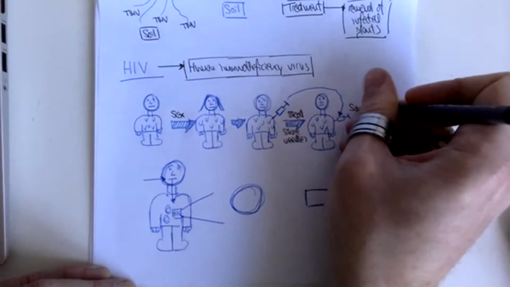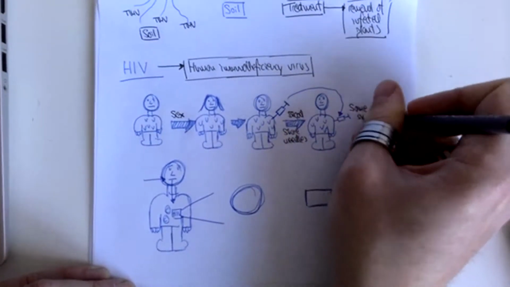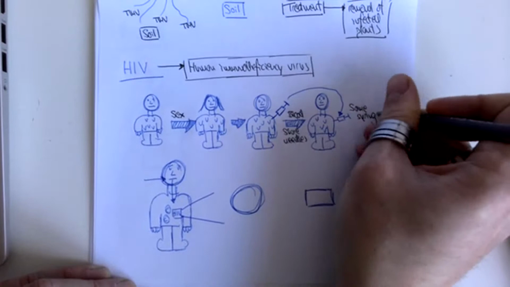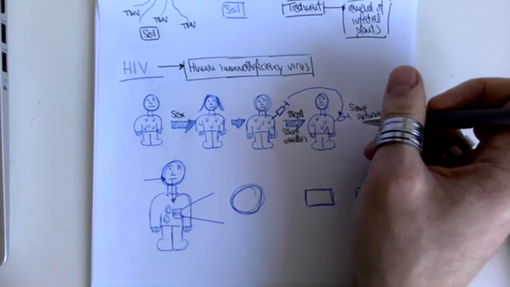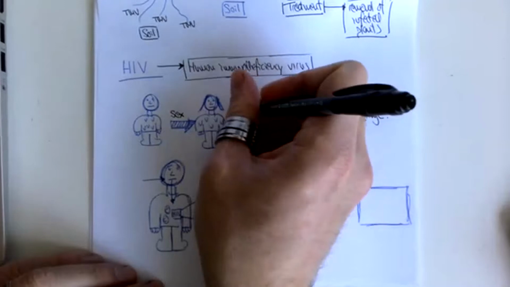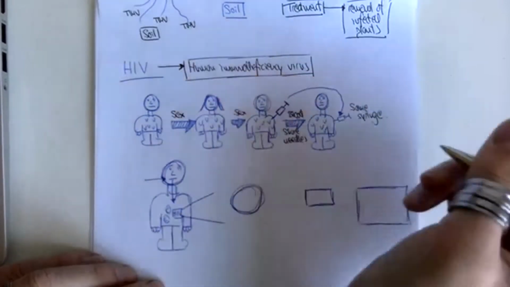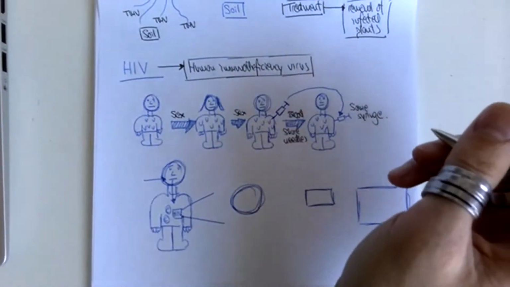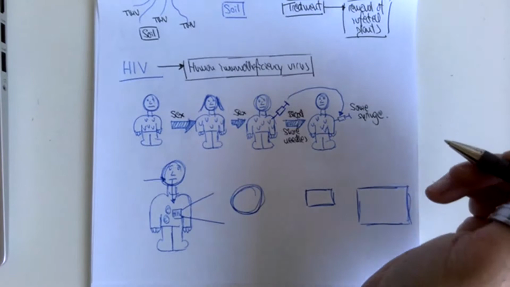So, I mean, the use of the same syringe often, if you're thinking about the use of drugs, the injection of heroin. So, it's a sexually transmitted disease, and that's also a second way in which it can be transmitted.